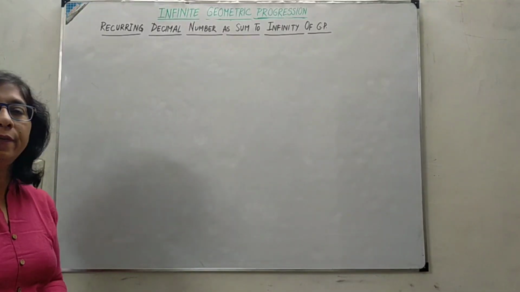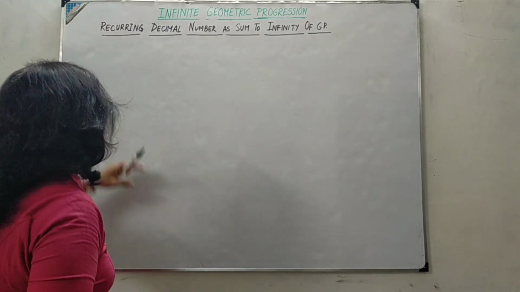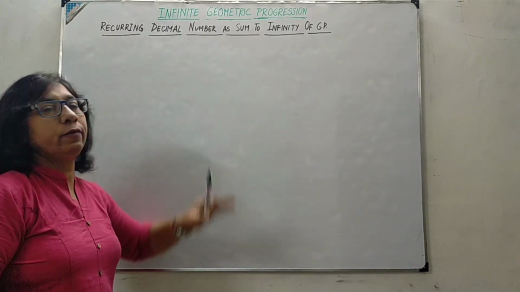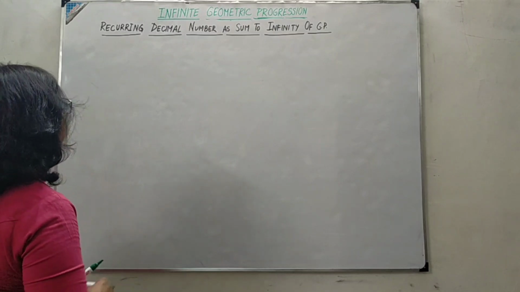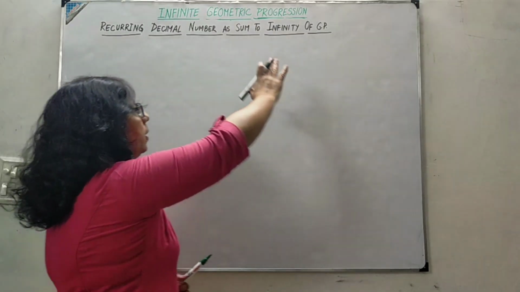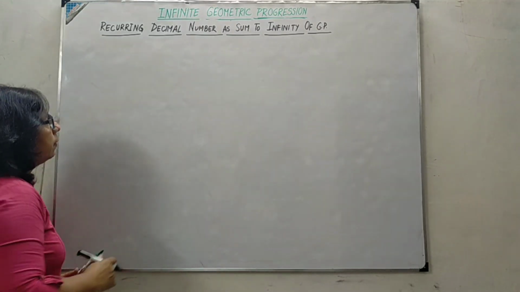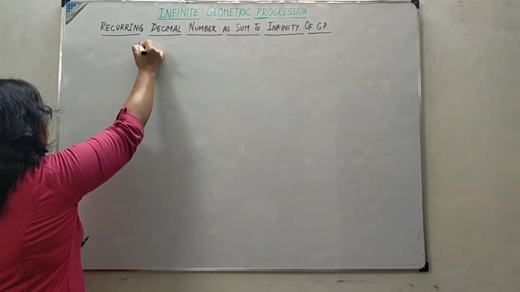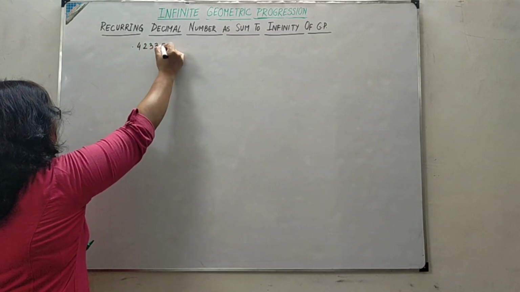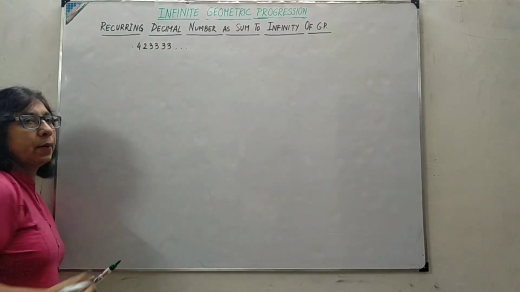Dear students, in this video I am taking a very small real life application of infinite GP, that is the recurring decimal number as sum to infinity of GP. We have sometimes come across 4.2333 like this type of number.